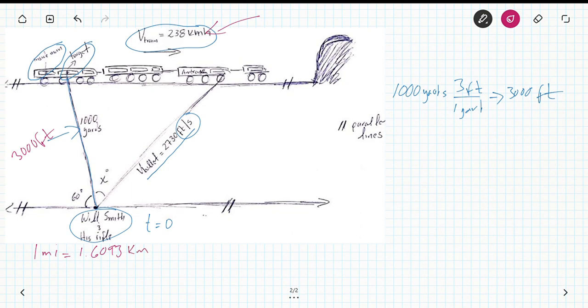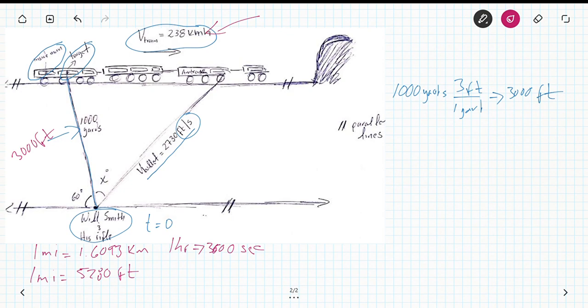We know that also 1 mile equals 5,280 feet. We also know, because we're dealing with hours, that 1 hour has 3,600 seconds.